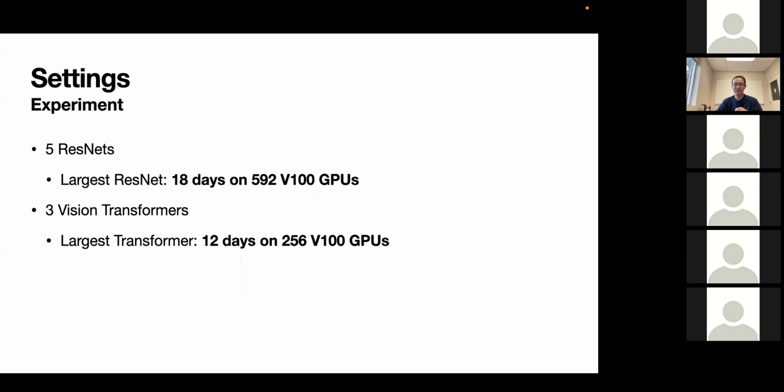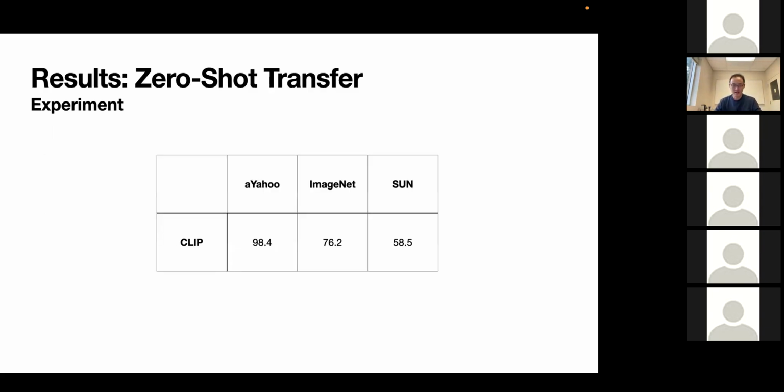So they really need a lot of computation power to make this model get really good performance. And I don't think we can reproduce this experiment because we don't have that many GPUs.